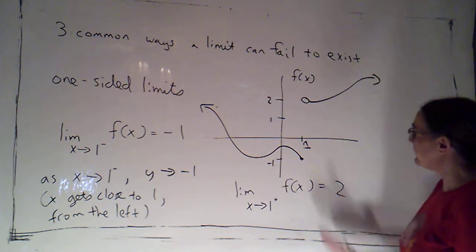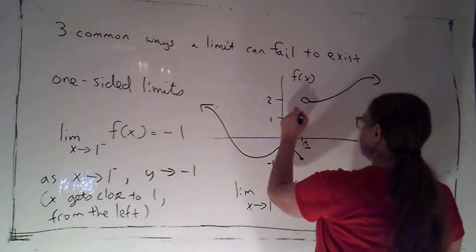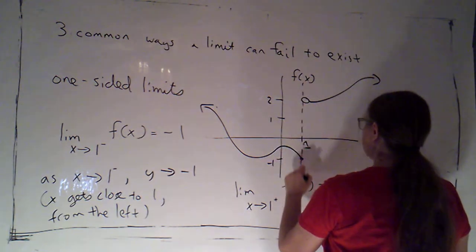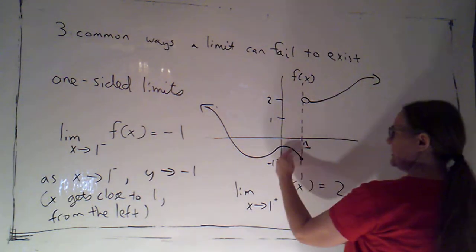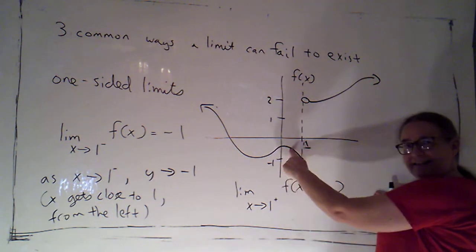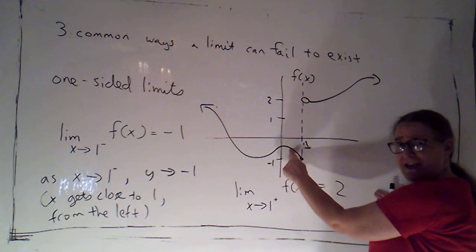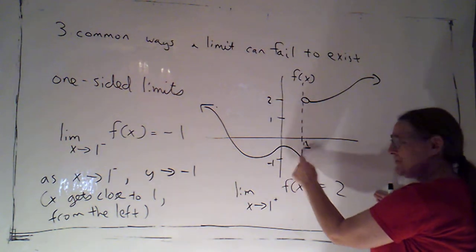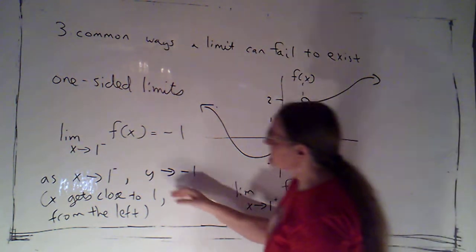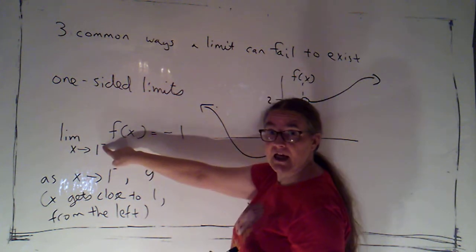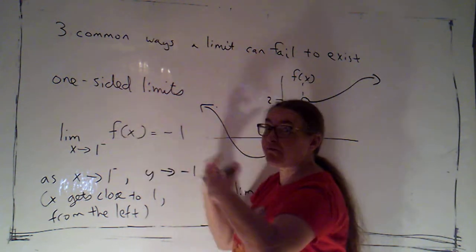Now, do be careful here. If I'm approaching 1, an x value of 1 would be over here along this vertical line. If I'm a little bit to the left of 1, that doesn't necessarily mean my x values are negative. As I get closer and closer to 1, my x values will be positive. So this limit coming in from the left does not mean from negative numbers.